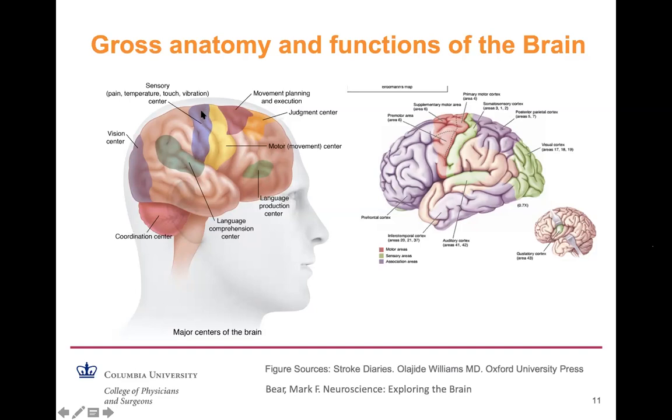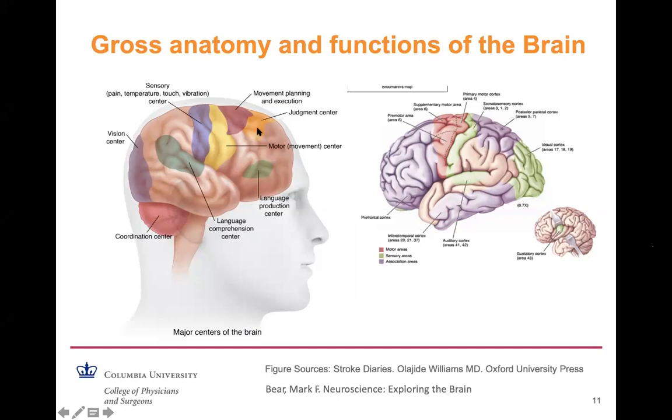The somatosensory cortex, this purple strip here, is responsible for sensations: pain, temperature, touch, and vibration. The motor cortex, this yellow part, is responsible for our strength and our movement. That's the motor function. And right in front of it, the supplementary motor area is involved in the planning and the execution of our movements.